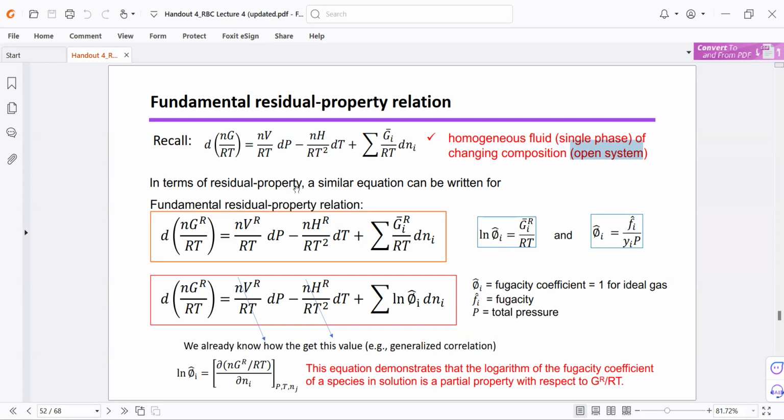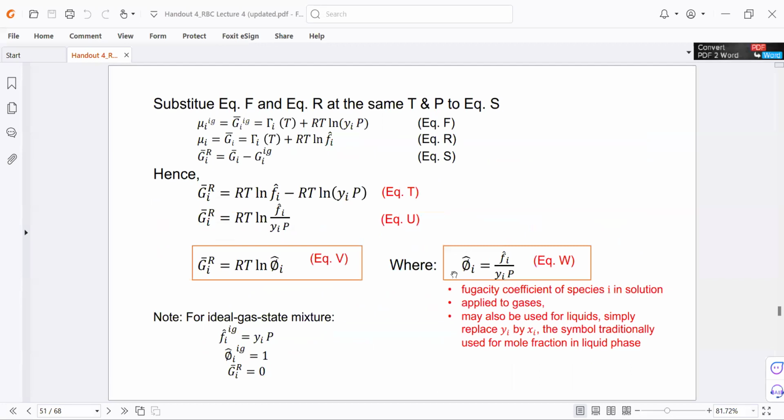Now, in terms of residual property, a similar equation can be written. We want to express this as a residual, so we make everything a residual property, and now this is the fundamental residual property relation. Where this term, the partial molar residual Gibbs free energy over RT, is actually the natural log of phi hat from the previous slide.